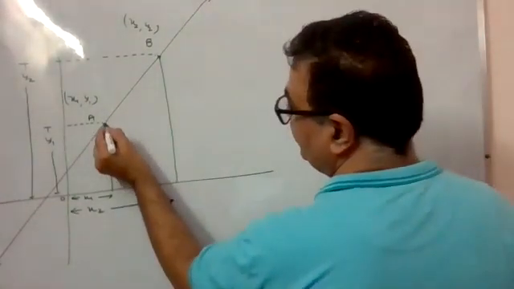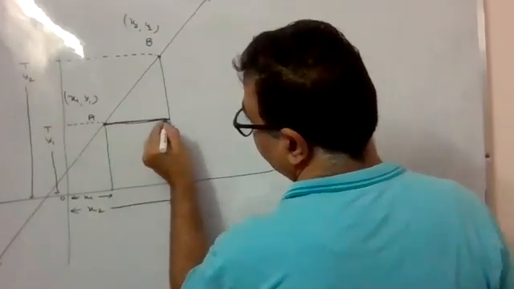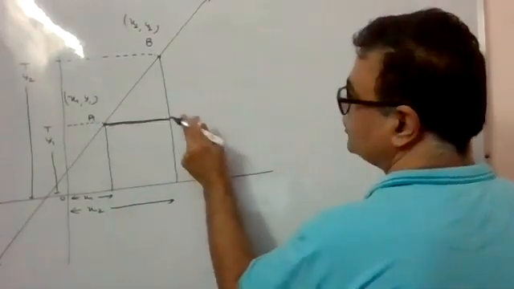Now I do one thing, I take a triangle from here. I draw a perpendicular from A to this line.